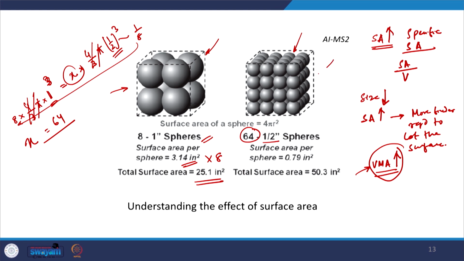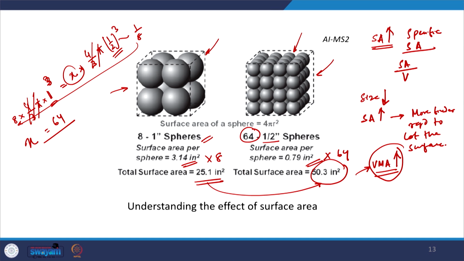So, 64 half inch spheres can be put in this volume, and per sphere it is again 4 by 3 pi r cube. So this is 0.79 inches square, and the total surface area is 0.79 into 64, which is 50.3. So you can see that almost the surface area doubles here if you reduce the size of the particles.